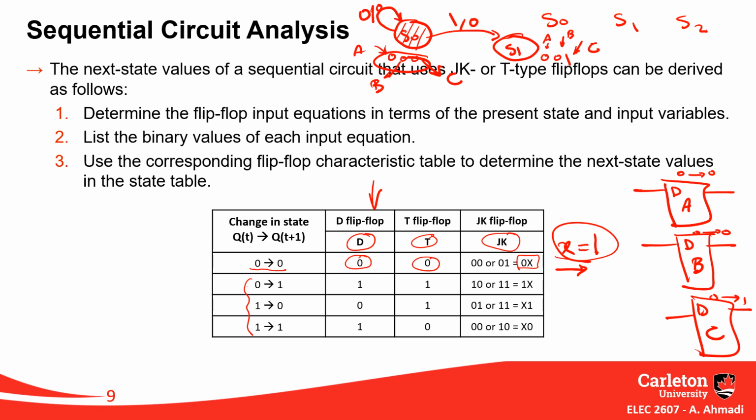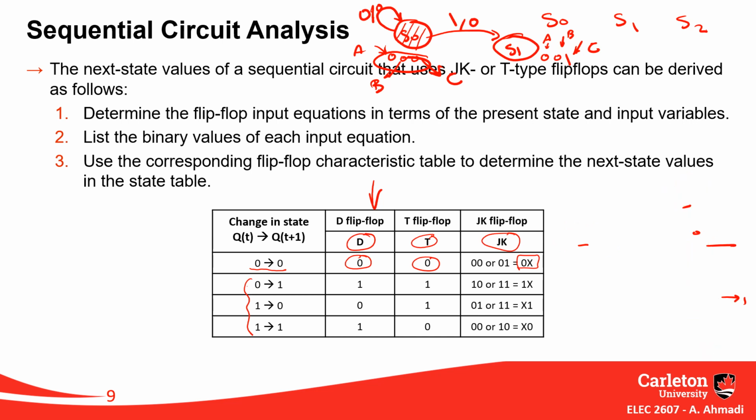So we have flip-flops, and we have a table which tells us what sort of transition will happen to the value of the flip-flops for different inputs and different current states. So our design will be based on, let me clean up here.